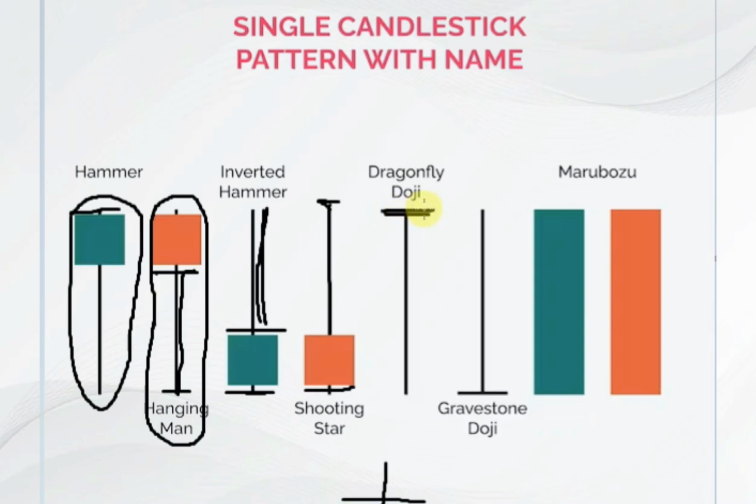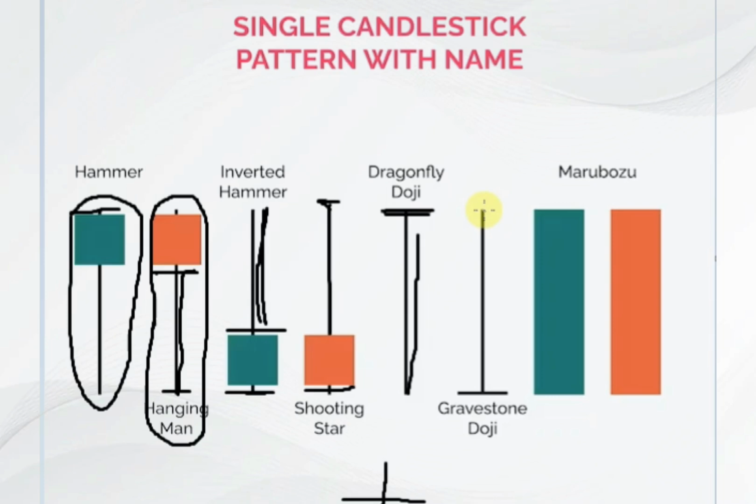If you see this in an uptrend, you might still want to buy the market, because the buyers are the ones that pushed it to the upside. The sellers were in this market, they dropped it to this downside, but the buyers still took it to the upside. Okay, so same thing for the gravestone doji.